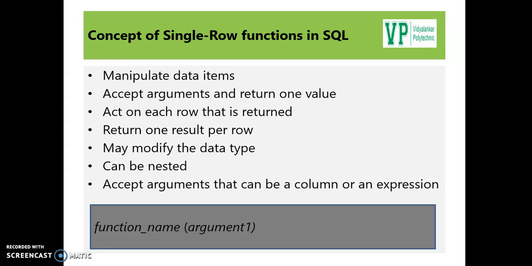The first feature is it manipulates data items. It means, if your input is in number format and you want to display that number as a string, your input data format is number and you are displaying that number as a string. The best example is if you want to display the price of a product.